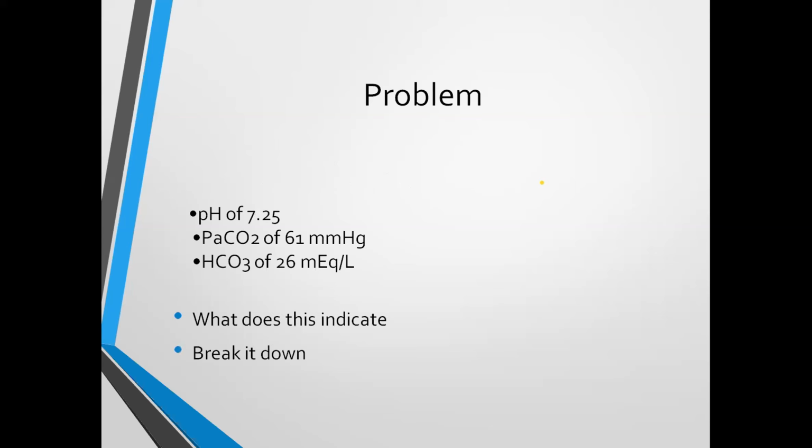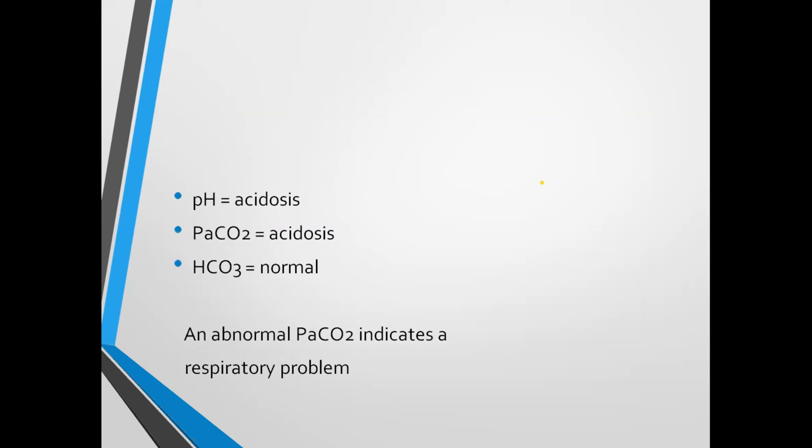Next. The pH is 7.25, which shows acidosis. PCO2 is 61, which also shows acidosis. And bicarb is 26, which is normal. What does this indicate? Acidosis and acidosis.